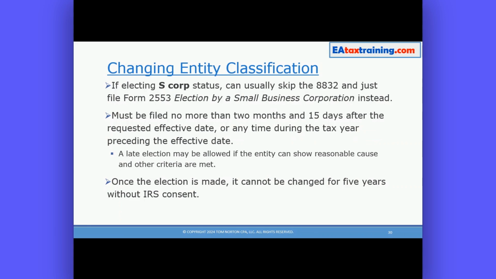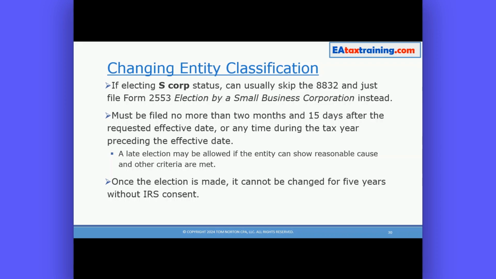It must be filed no more than 2 months and 15 days after the requested effective date or any time during the tax year preceding the effective date. So if you're talking about a calendar year entity, it has to be filed by March 15th of the year for which you want it to be effective. So let's say you want the S Corp election effective for 2024, you have to file it by March 15th of 2024.